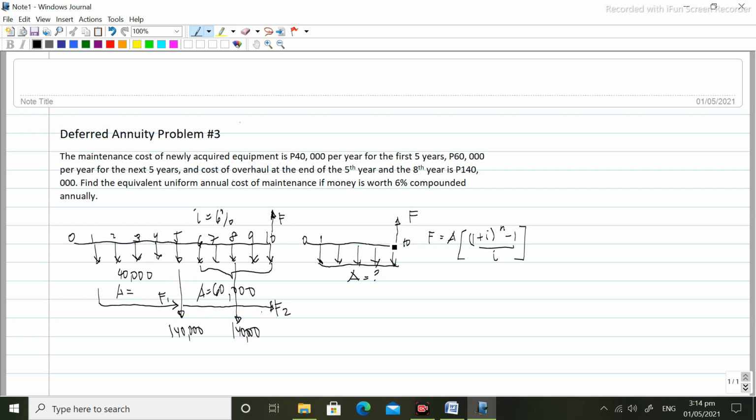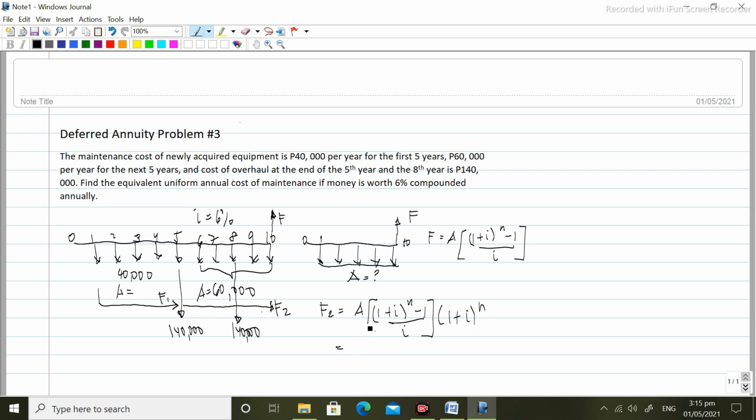So, ang gagawin ko, yung direct na formula na ng annuity due. So, F2 is equal to A times 1 plus I raised to N minus 1 divided by I, and then times 1 plus I raised to N. So, itong term na to, parang present worth, parang P. And then, ito, di ba, yung ordinary compound interest. So, ganun din siya.